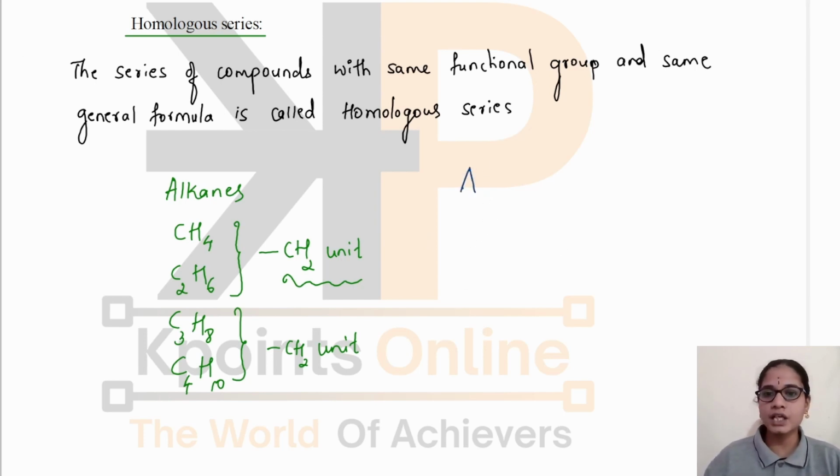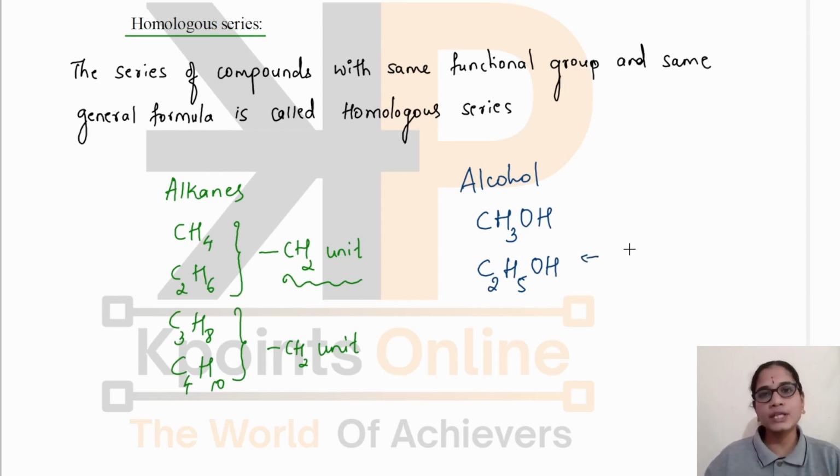You can take an example of another homologous series. Let's take alcohols. They have the same functional group, that is OH. Let us write some of the members of alcohols: CH3OH, C2H5OH. C2H5OH is nothing but CH3CH2OH.